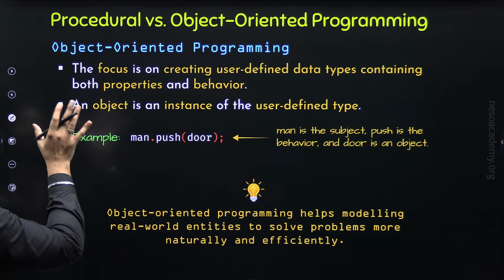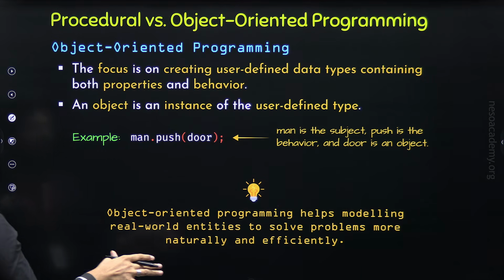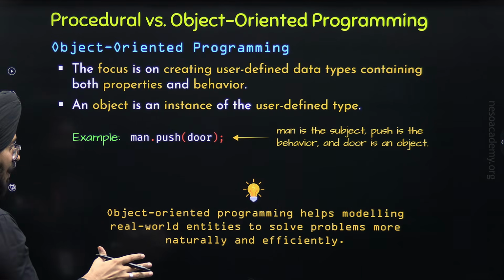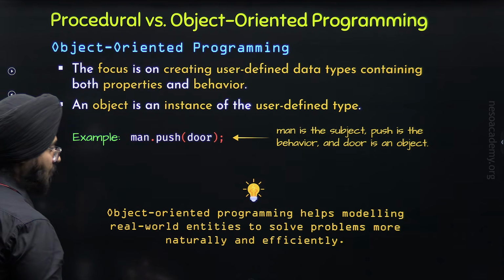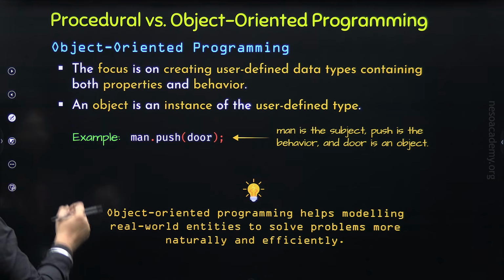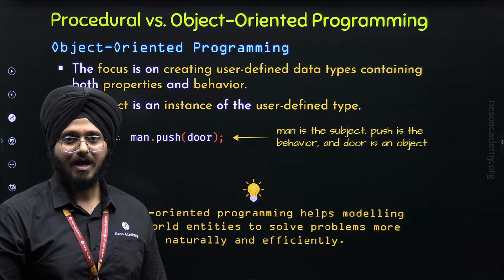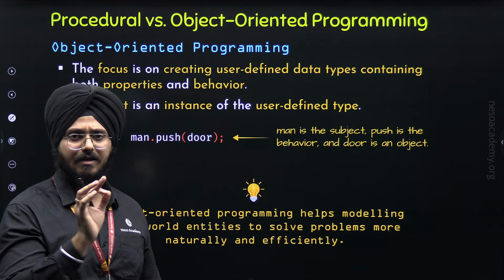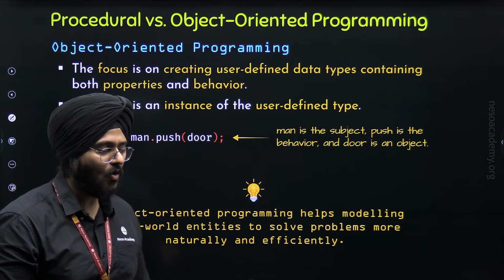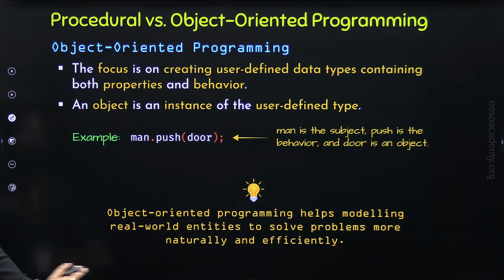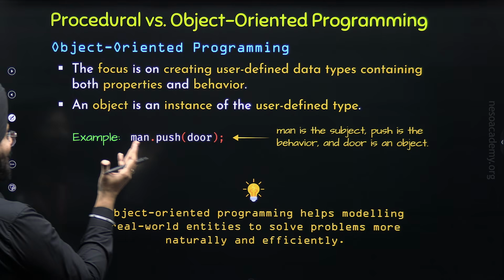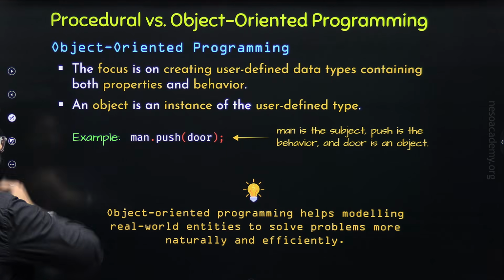So, object-oriented programming is more suitable in those situations when we want to design big programs and when we want our applications to be more scalable. I hope this idea is completely clear to you. So, through object-oriented programming, we can model real-world entities, as you can observe.